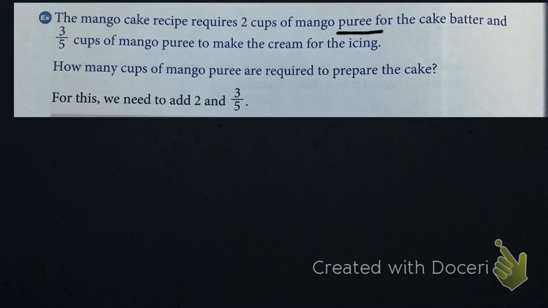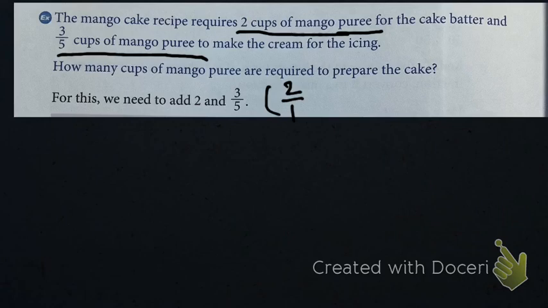The mango cake recipe requires 2 cups of mango puree for cake batter and 3 upon 5 cup of mango puree to make the cream. Now students, you have to find how many cups of mango puree are required.